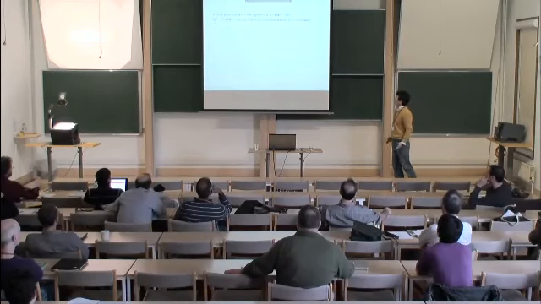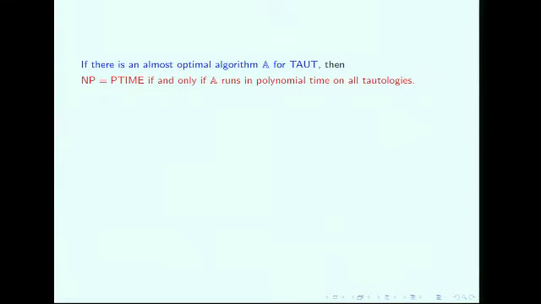Again, if there is an almost optimal algorithm, it gives you some advantage. In that case, NP equals P if and only if A runs in polynomial time on all tautologies.